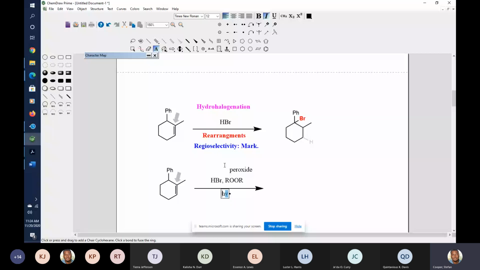So what type of reaction is this? Can anyone tell me? This one is the same class. This is a hydrohalogenation. That means I'm adding an H and a halogen across the ring. All right, conveniently, this one is happening with no rearrangements.